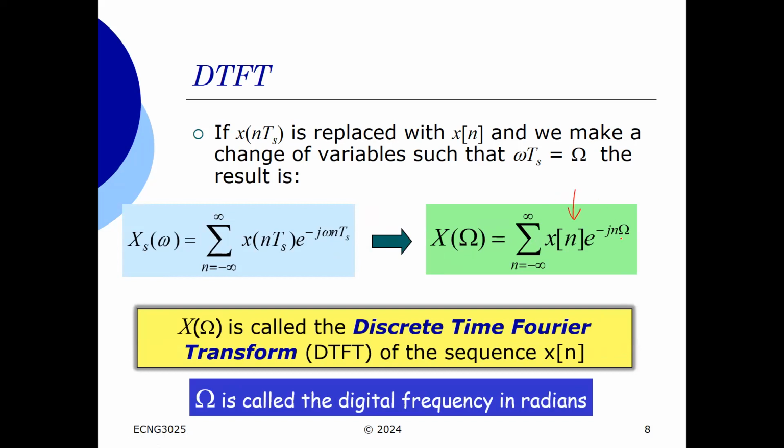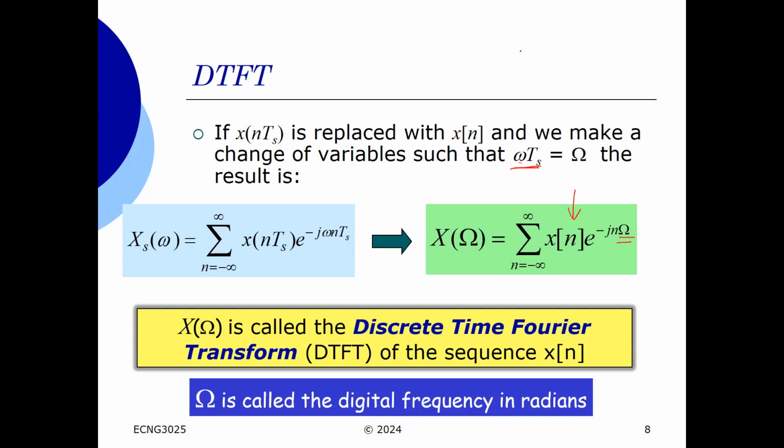The signal is now a function of a frequency variable that we define by capital omega, and it's related to your continuous time frequency variable by omega equals 2 pi f times Ts, your sampling time.